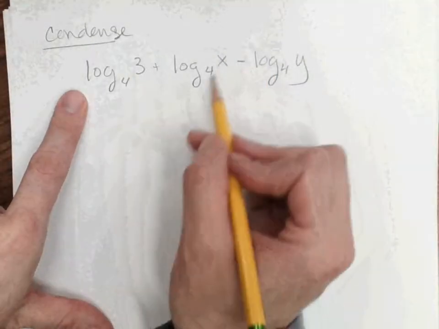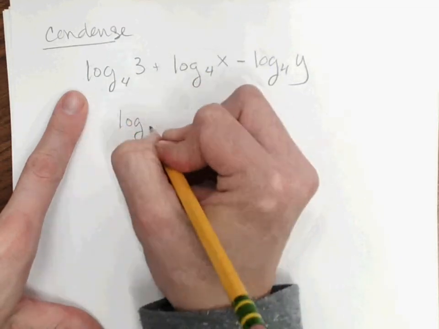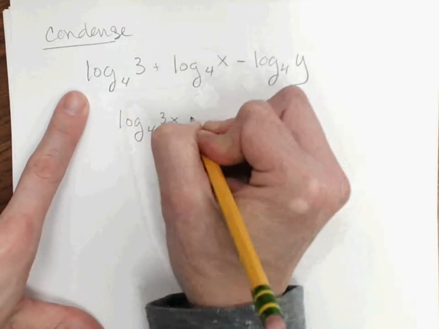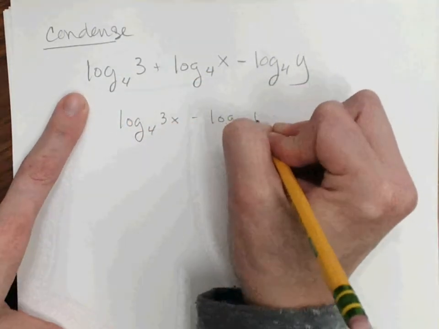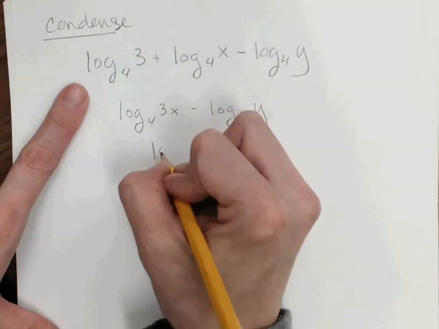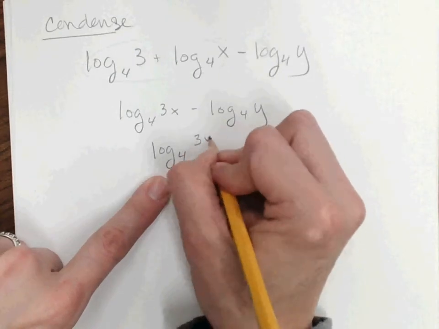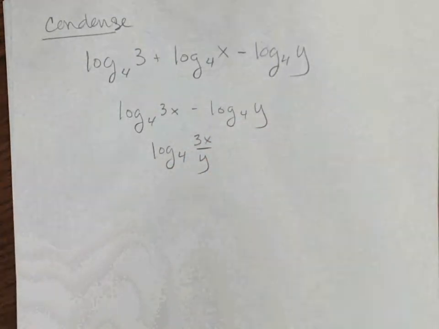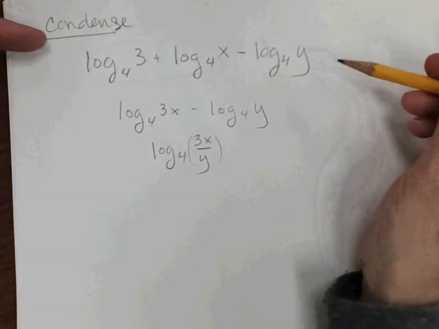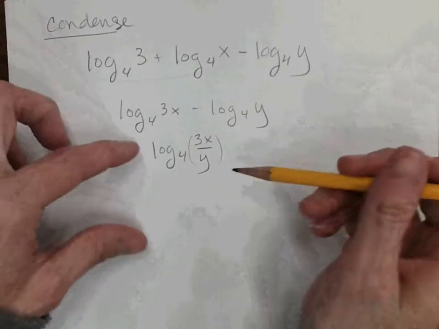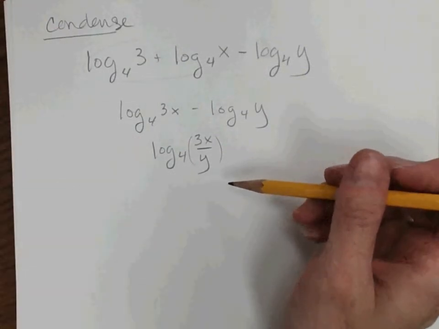So here I can condense these. I'm going to have log base 4 of 3x minus log base 4 of y. Log base 4, this is subtraction, so this is going to be division, 3x divided by y. Isn't that beautiful? I love the way that you can start off with something really big, and it gets nice and simple as you go.